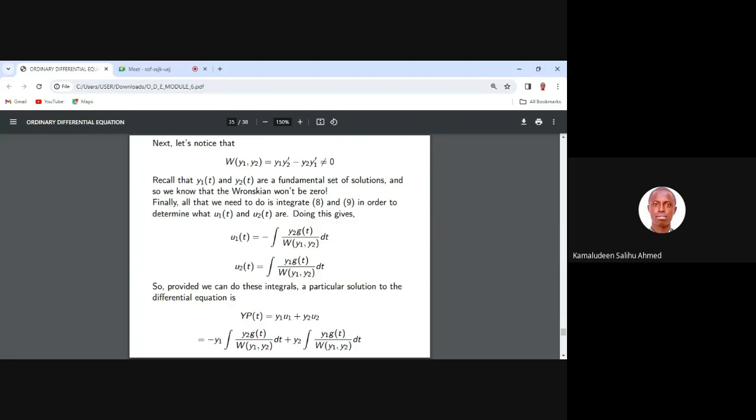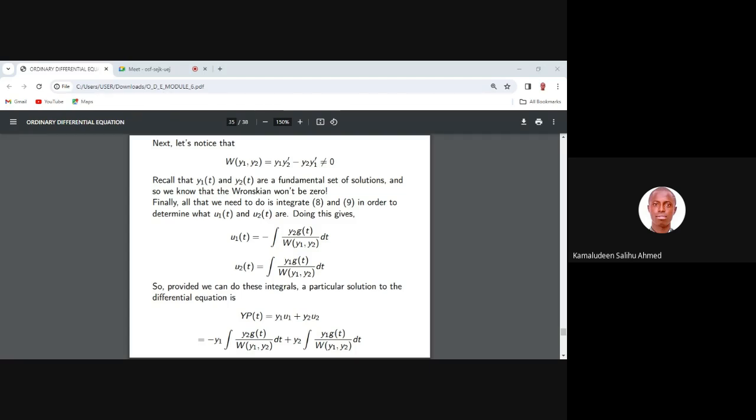Aha. So the formula, the integral we want to prove since we started this, has W in it, and the W is from the Wronskian function.